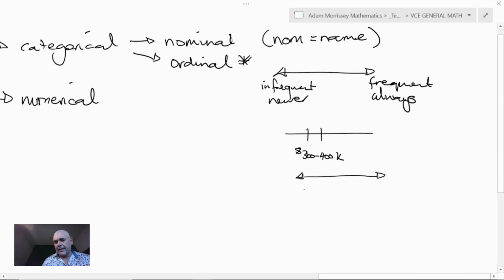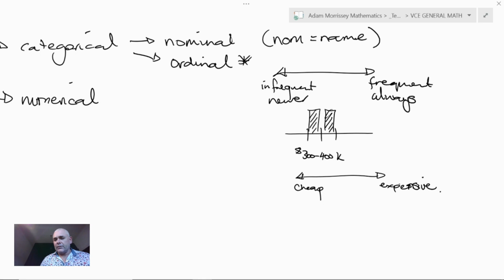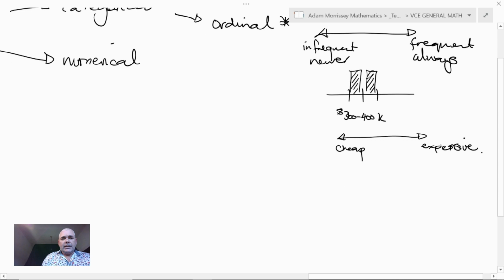And maybe if we're talking about houses, this could be a cheap house versus an expensive house here. So we just need to be really careful. The moment that we start splitting or summarizing these data into these types of categories, we've got some form of categorical data that has an implied order to it. So we've just got to be careful there.